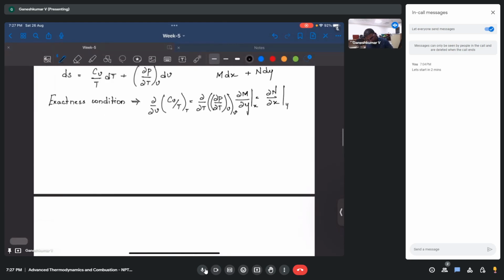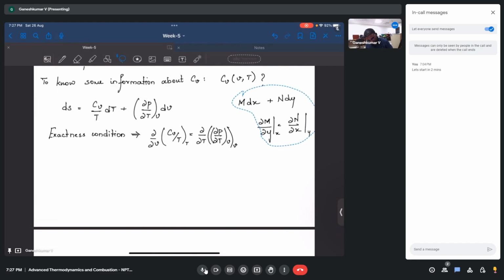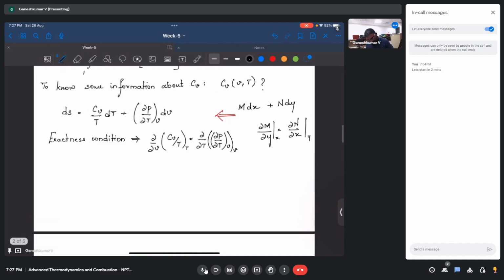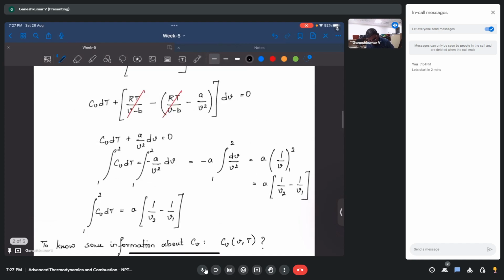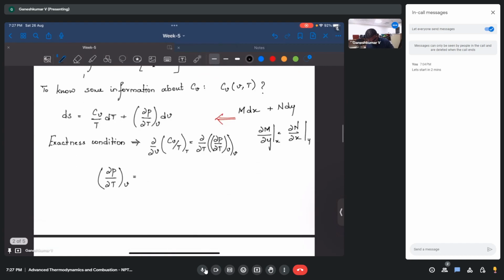Let's try to understand. Let me simply rearrange this so you won't get confused. From the equation of state we can find dou P by dou T at constant V, which we already found to be R by (V minus b).